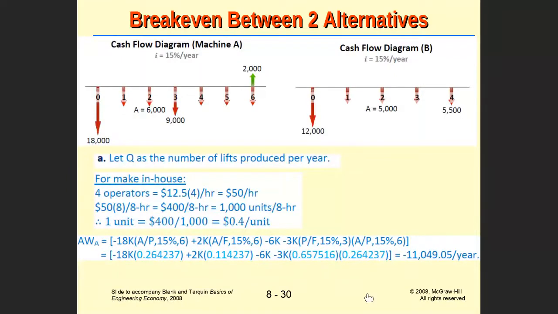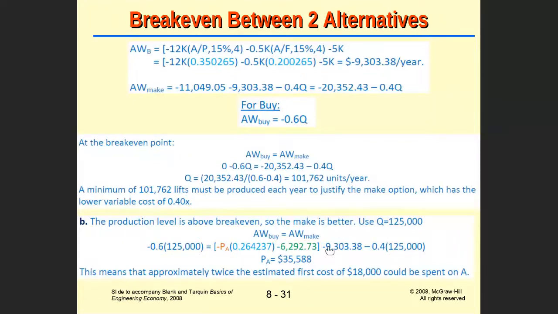So at the end, instead of the 11,000, you will get PA, the unknown, times this value, plus the sum of all those given in this side, because this side contains machine A and the value of machine B, which will also remain the same, the 20,352.